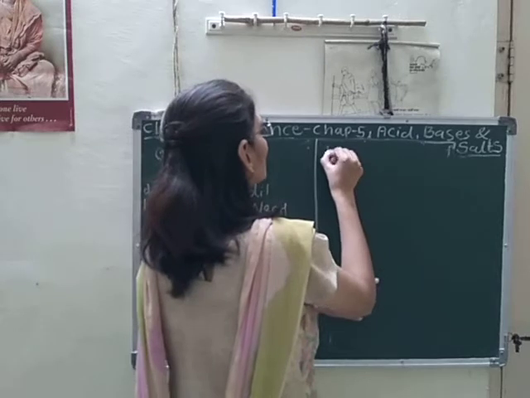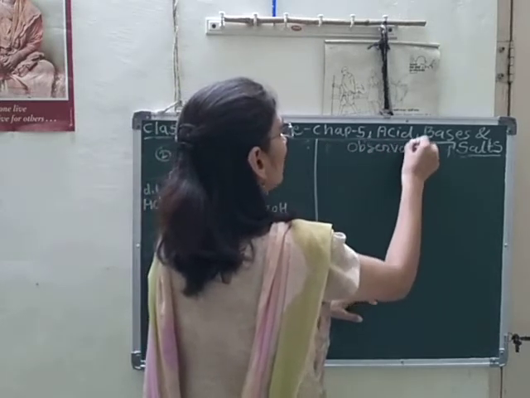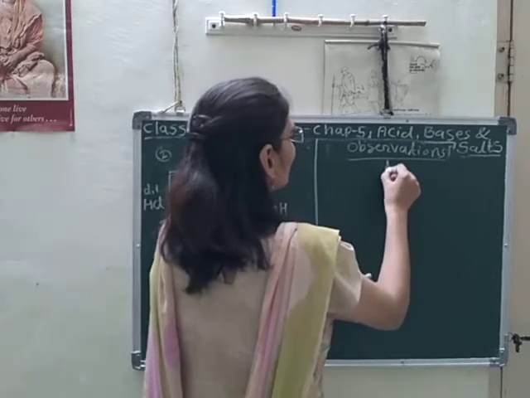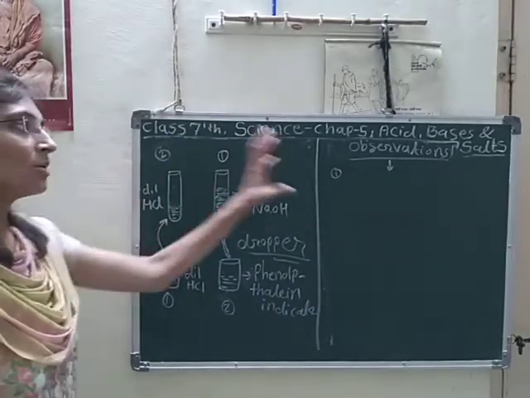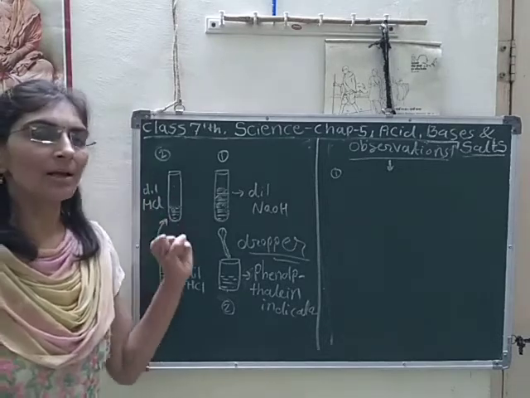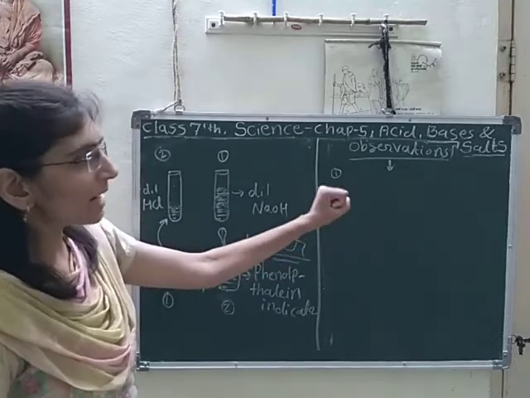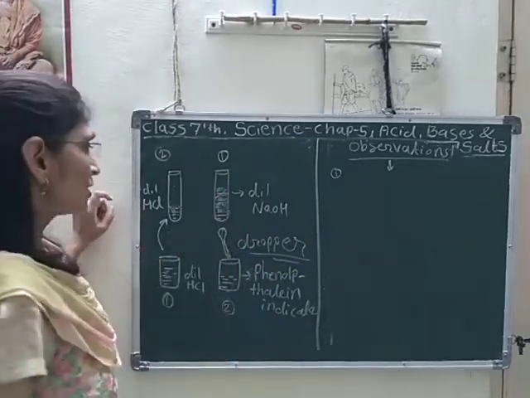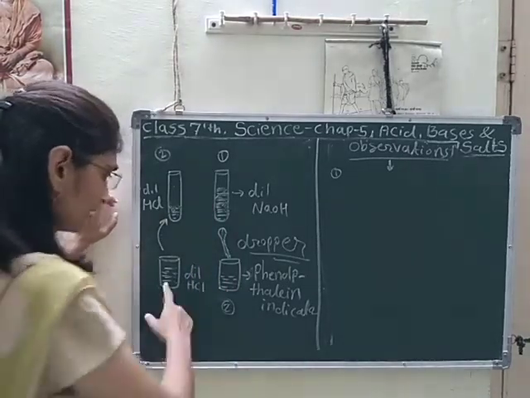Observations. So, first step. Now the preparation of our experiment is ready. So what do we have ready? Two test tubes, two beakers.